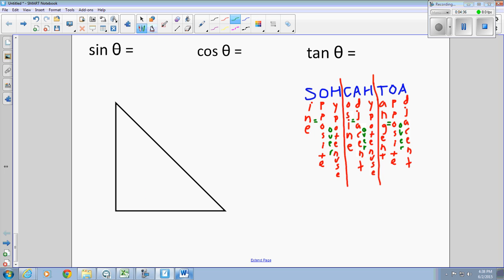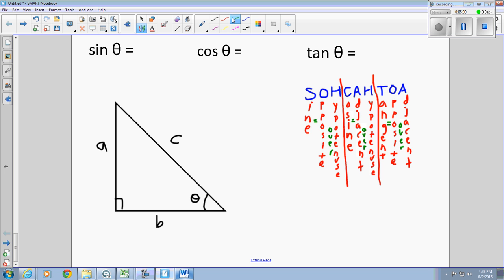If we look at our right triangle, this is our 90. We know that there's some angle here. We're going to define it as theta. This symbol is theta. So it's whatever angle it happens to be. And we have a side A, a side B, and a side C. A is in reference to theta.